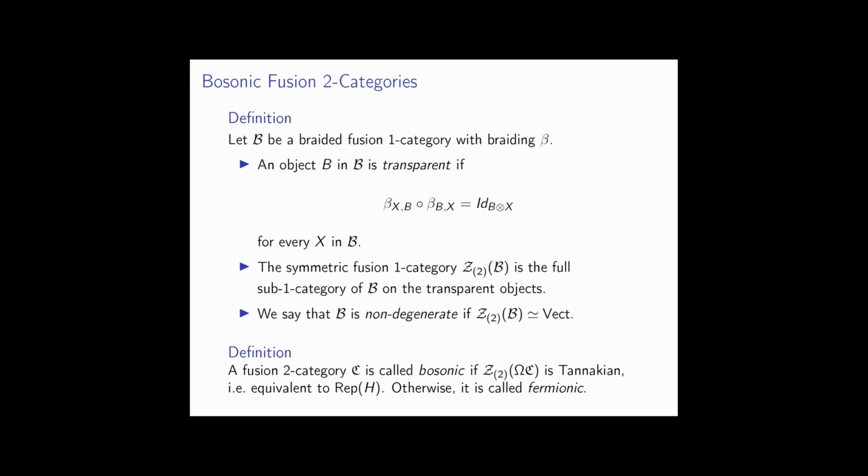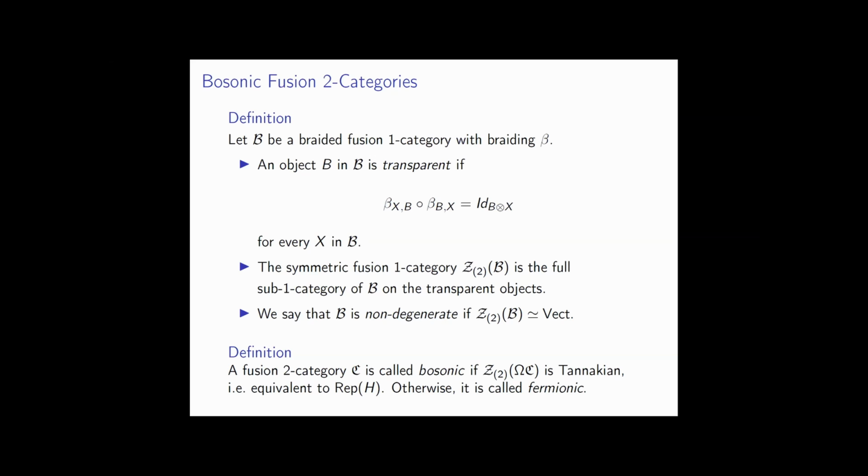And now the relevant notion at the level of fusion two categories. It turns out that for a lot of purposes, in particular for the purposes of this classification that's going to come up, it's convenient to split the connected fusion two categories into two pieces, the bosonic ones and the fermionic ones. The definition requires this Z2 center.